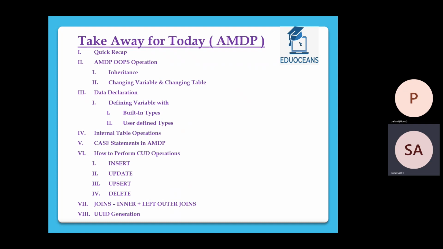Then we saw how a changing variable and a table need special treatment compared to importing, exporting, and returning, so the hidden parameter we learned. Then we started learning data declaration, the internal table operations, the create, update, delete operations. We are yet to cover the case statement, the joins and the UUID. That is something we would be seeing now.